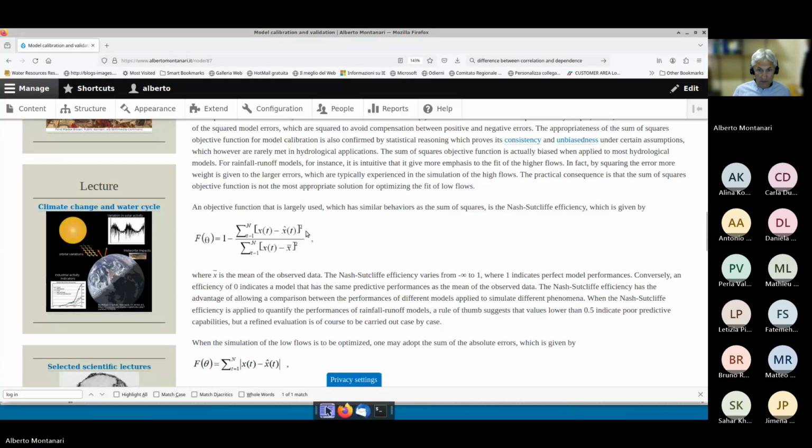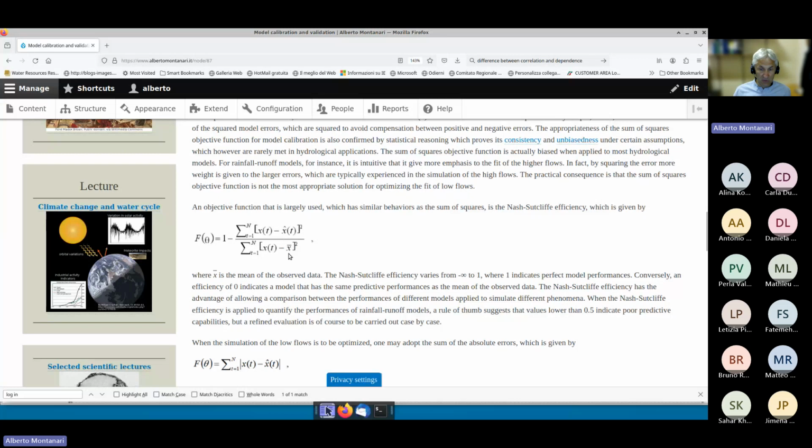Now, at the denominator, what you see is the least square objective function that we obtain if we replace the model prediction x hat t. You see the model prediction at the numerator is indicated with x hat.